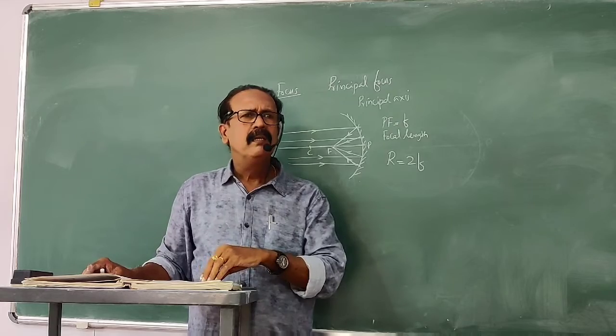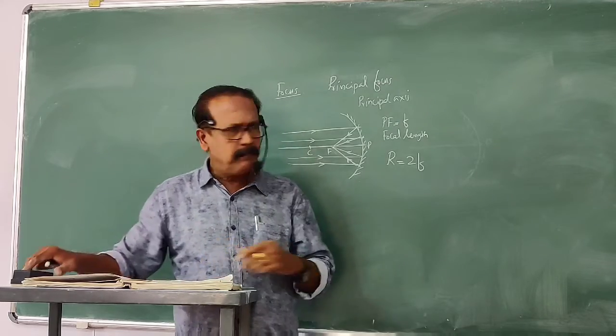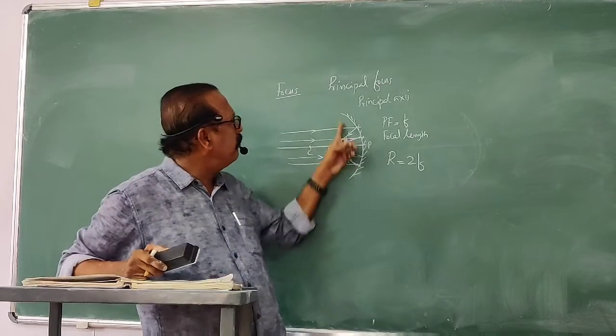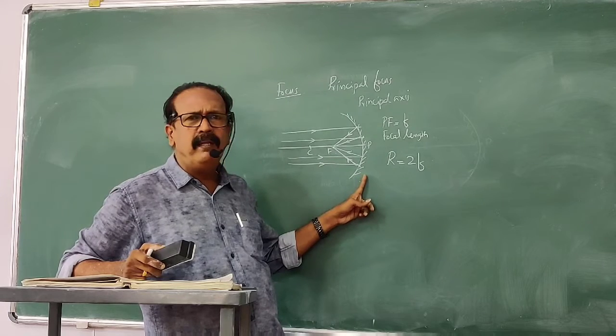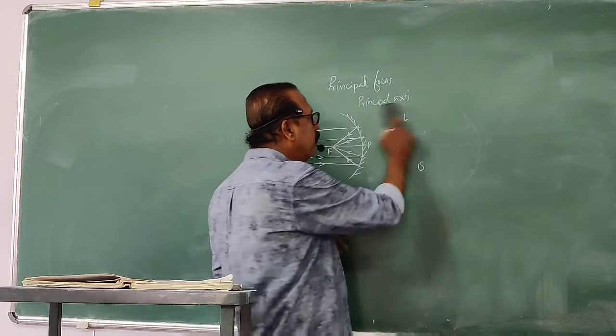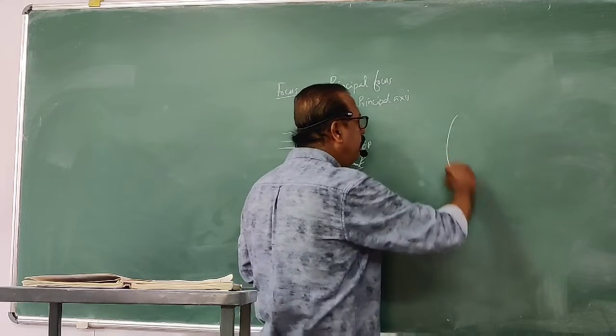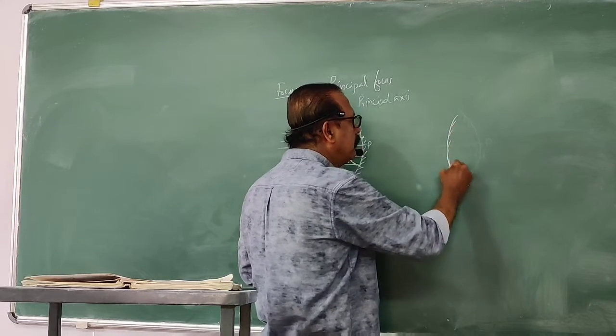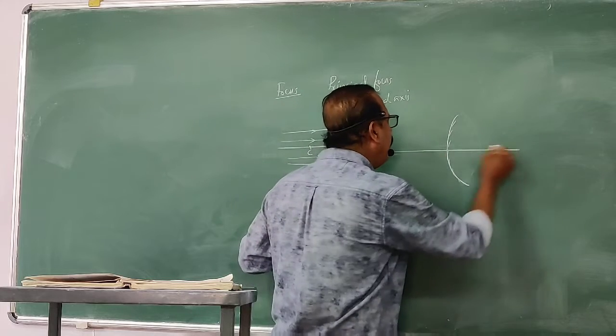Now this much everybody would have seen. Now one more thing I will explain. This is a concave mirror. How will you define the focal length of a convex mirror? This is a convex mirror, and this is the principal axis.